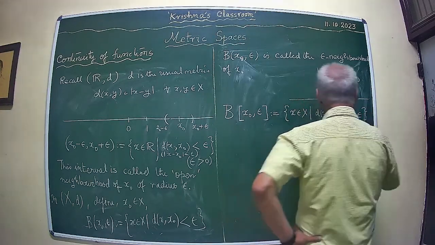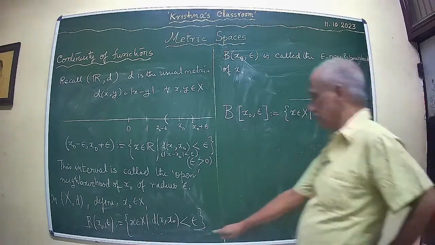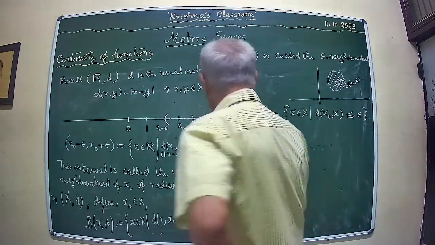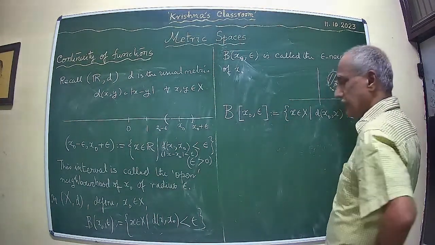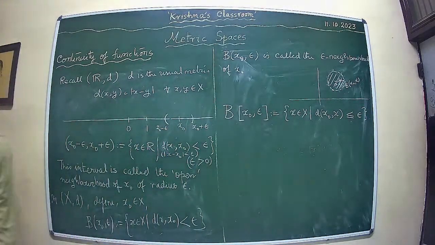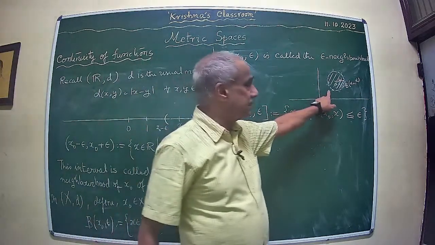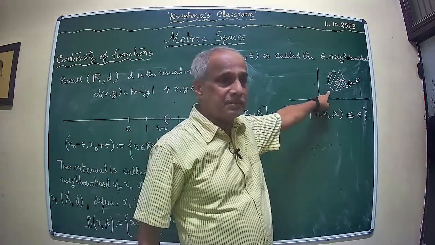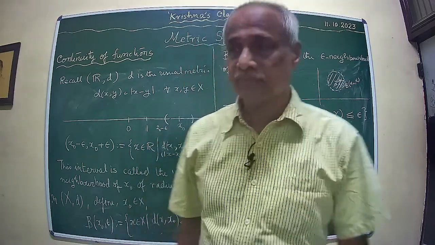The difference is that here it is strictly less than epsilon, here it is less than or equal to epsilon. So it is actually the closed ball that you get. Okay. So later you can show that this is a so-called open set, this is a closed set.